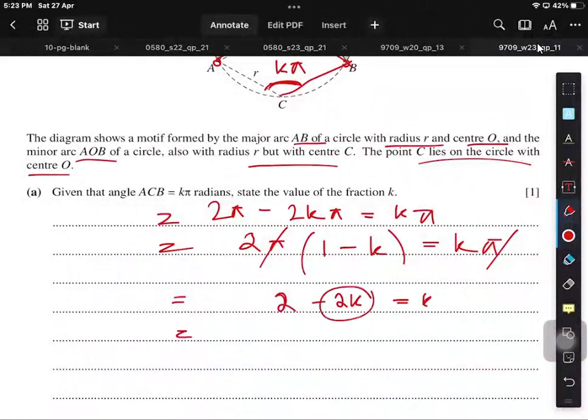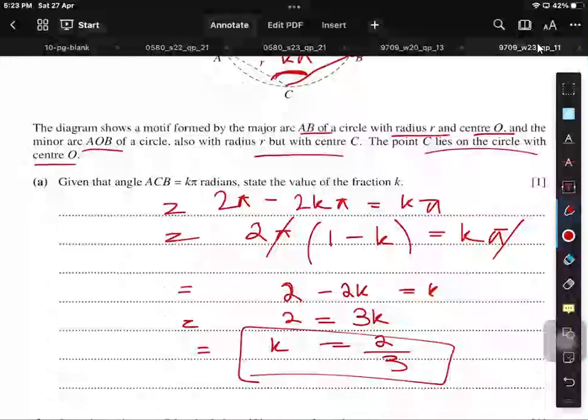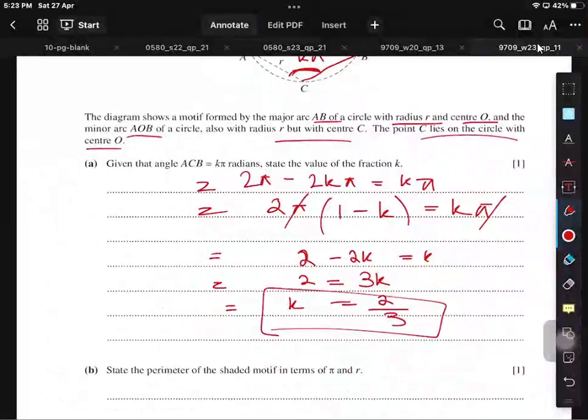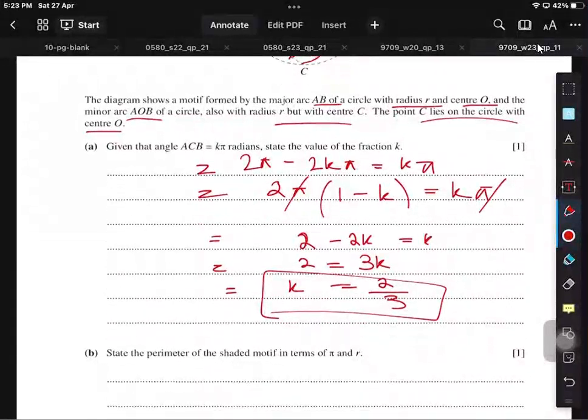Let's move the k to that side. So that would become 3k is equal to 2. Now we can make k the subject, which would be 2 over 3. So that is our answer, okay? That is for 1 mark, and you have to really think it through, but it's fine if you weren't able to figure it out, right? Because it's only 1 mark, so you would lose 1 mark technically.